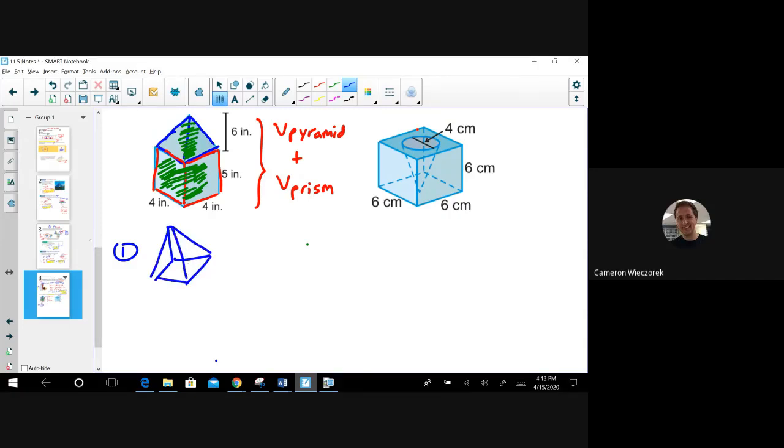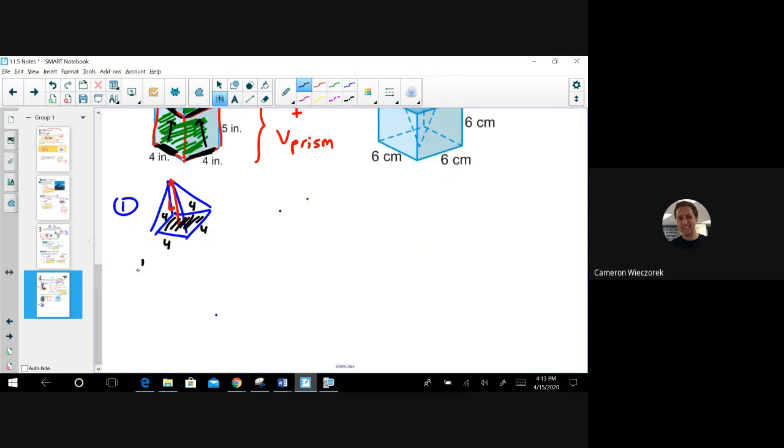There's my pyramid. Looks like the height of the pyramid they're giving me is 6. So from top to bottom, that's 6. And they didn't label the base edges, but I do know they're 4 because these are 4. And those distances have to be the same. So 4 all around here. There's my base.